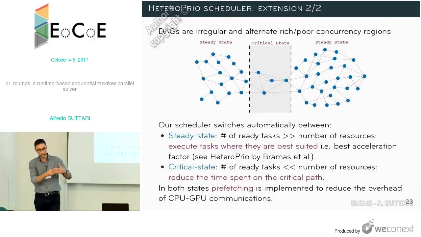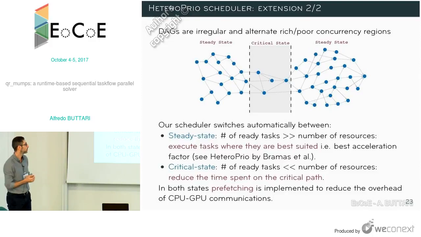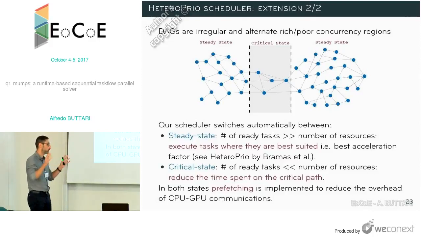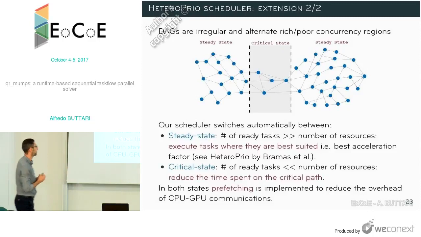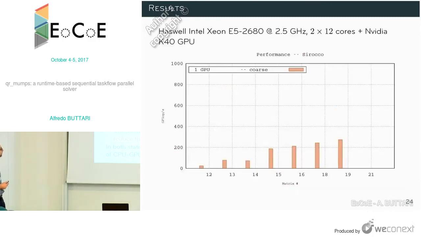So basically, we can anticipate a little bit the assignment of a task. So we know a little bit in advance where a task will be executed, so that when the execution of the task actually starts, the data is already in place. So we don't pay the price, or much less the price, of data transfers between CPUs and GPUs.